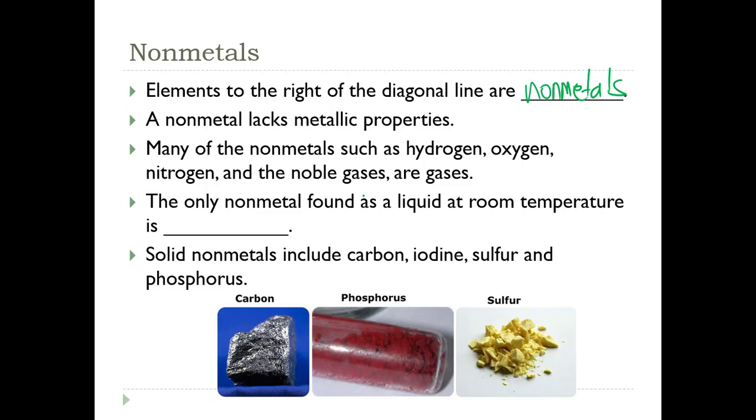The only nonmetal found as a liquid at room temperature is bromine. Solid nonmetals include carbon, iodine, sulfur, and phosphorus. So again, we have examples of all three states of matter among the nonmetals at room temperature: gases, one liquid, bromine, and several solid nonmetals.